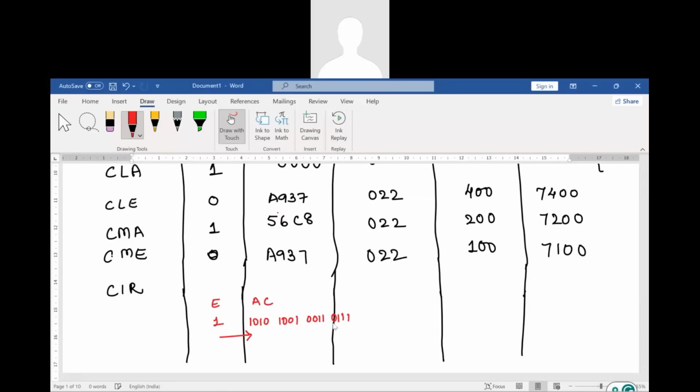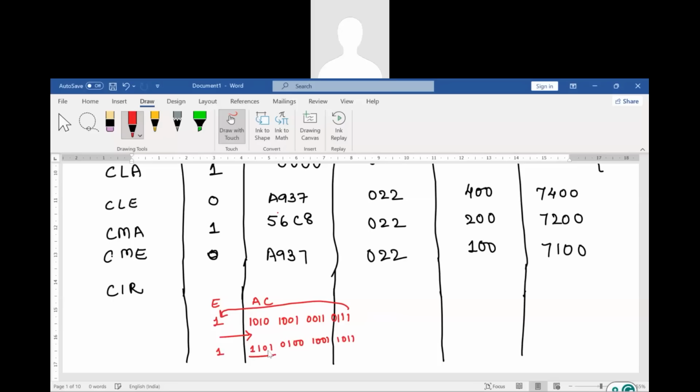Now I want to perform circular shift right. This takes place like this and the bit will come over here. So what would be the updated value? 1101, 0100, 1001 and 1011.